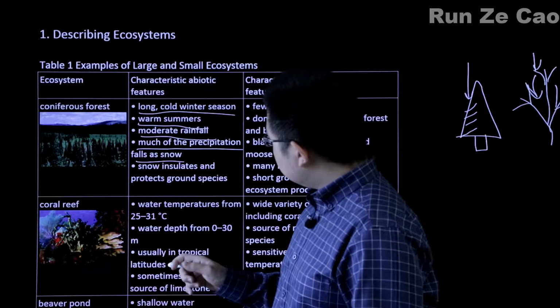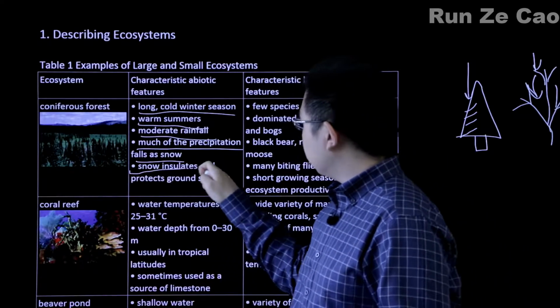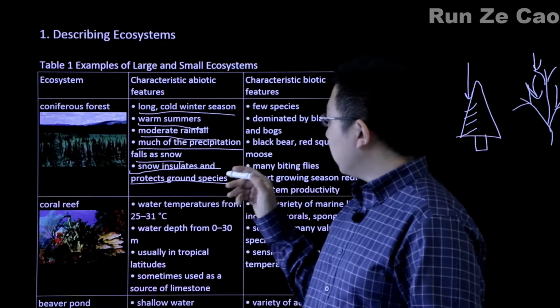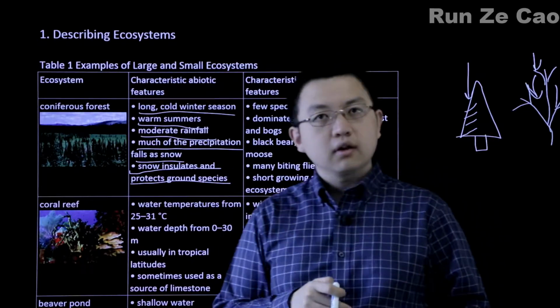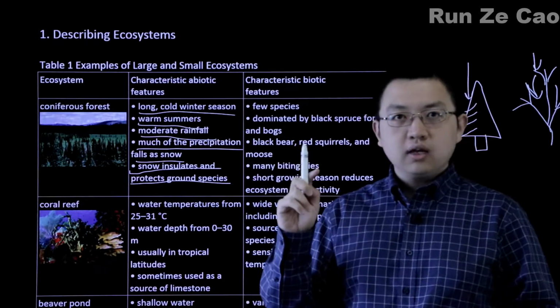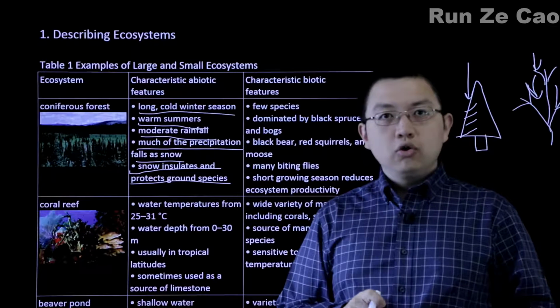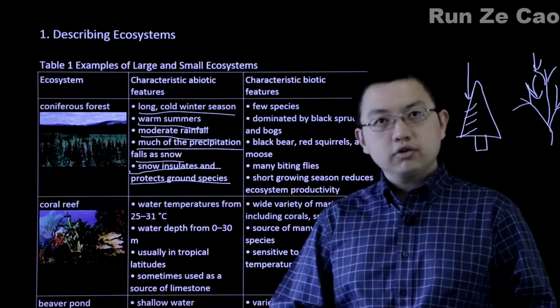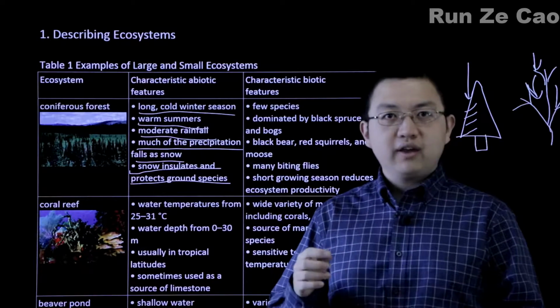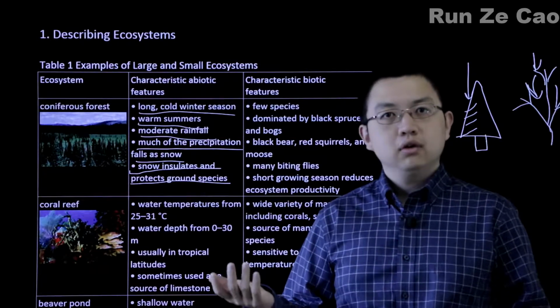Now, wait a second. What is this? It says that the snow insulates and protects ground species. Did you know that up in the tundra, there are caterpillars who take shelter under boulders and take many years to turn from a caterpillar to whatever?